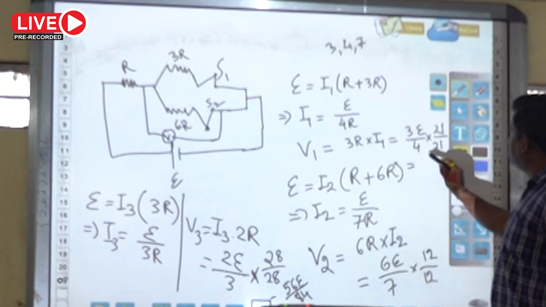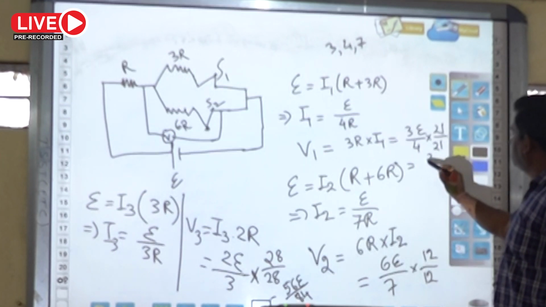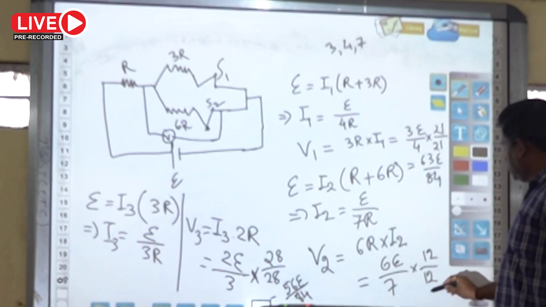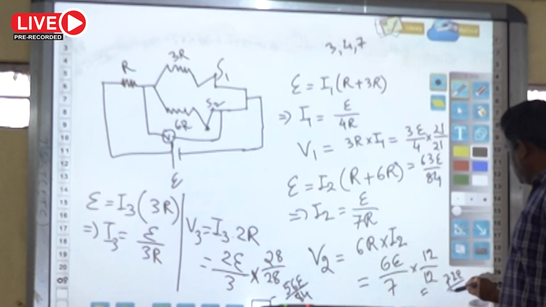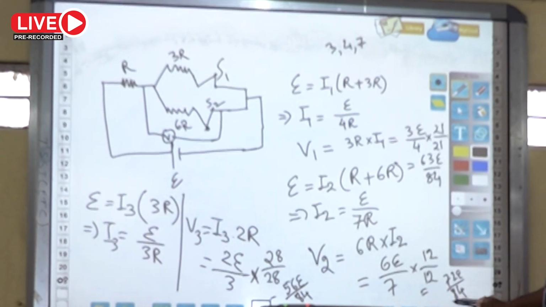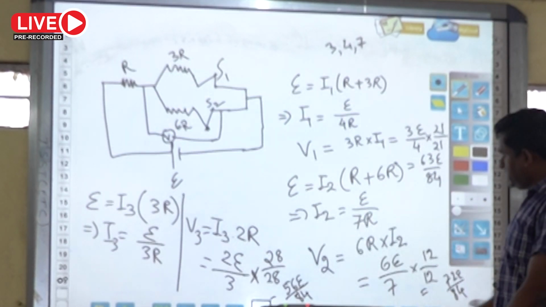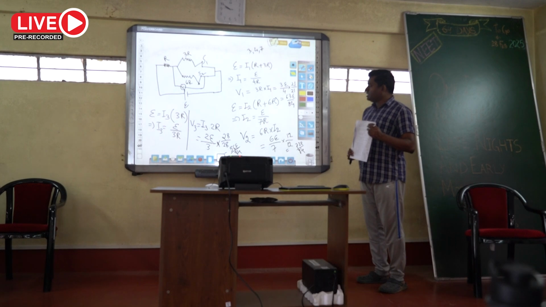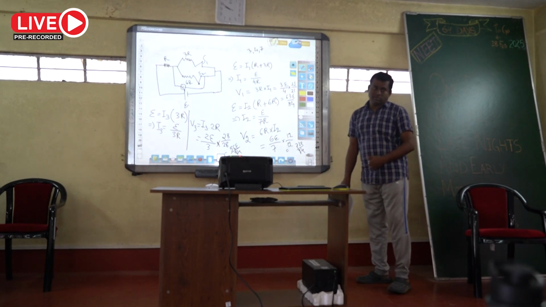V1 is coming 63E by 84, and V2 is coming 72E by 84. So 56, 63, 72. V2 is highest, then V1, then V3.